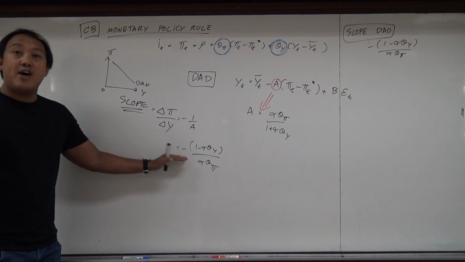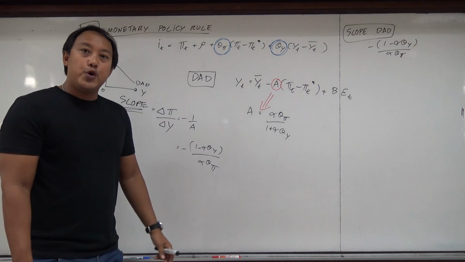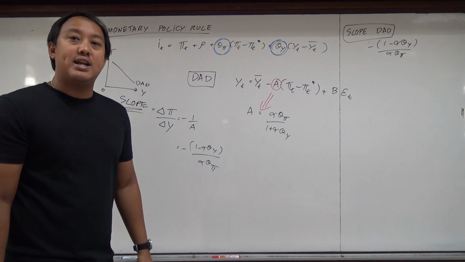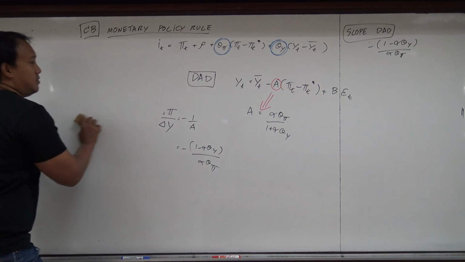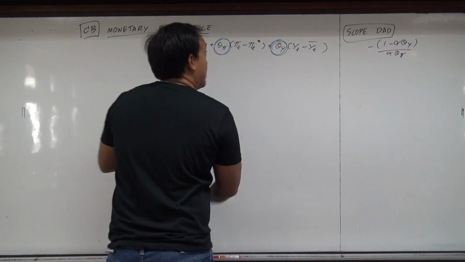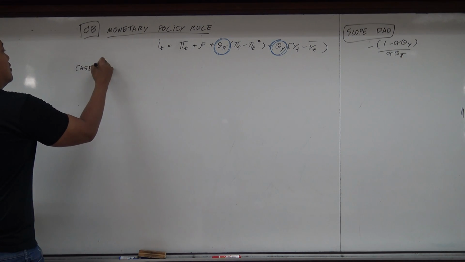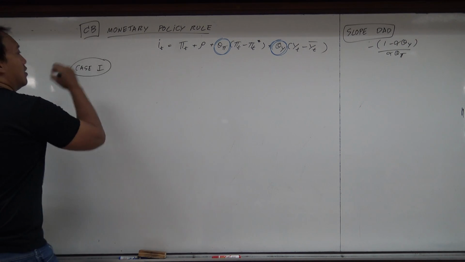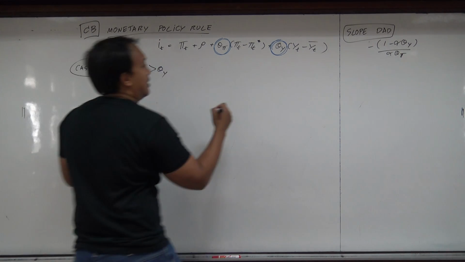Okay, after I find the slope for you, I'm going to show you two cases of how the central bank is going to respond to the problem. Okay, case number 1: theta pi higher than theta y.